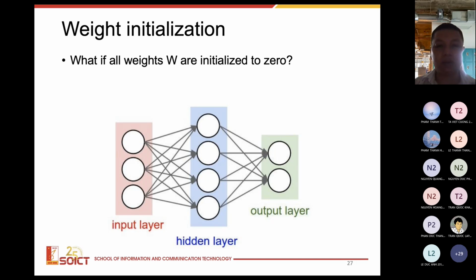First, we discuss initializing the weight to be 0 at every neuron. Then what do you think will happen in this situation? What is the problem with this initialization setting?